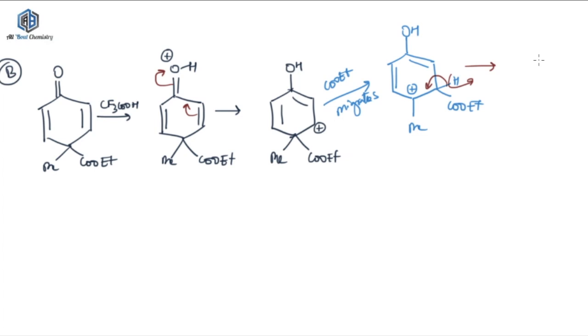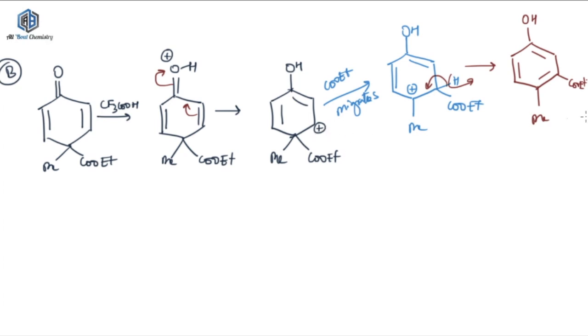So the final product will be nothing but methyl at the para position of this phenolic OH, and COOEt formed at the meta position. Okay, so this is what you will get as the final product.